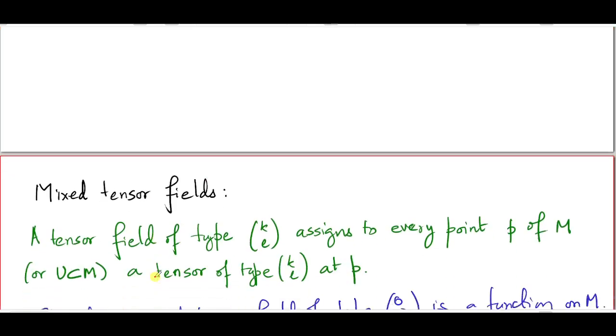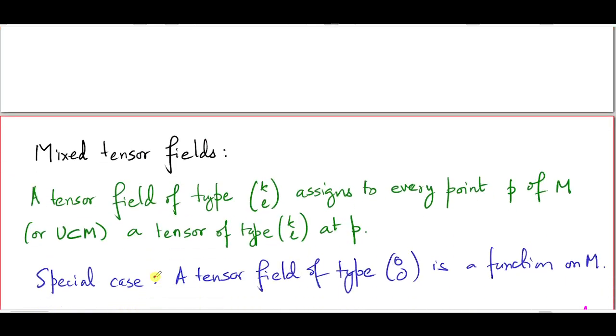Now, what about mixed tensor fields? A tensor field of type (k, l) assigns to every point P of M, or some region U of M, a tensor of type (k, l) at the point P. The tensor field may not be defined over the entire manifold, but only over a region U. So, the similarity should be clear. A vector field assigns to every point P on a manifold or a region of that manifold a vector tied to that point, a tangent vector at that point.